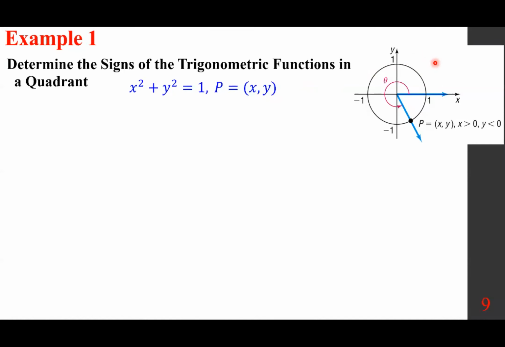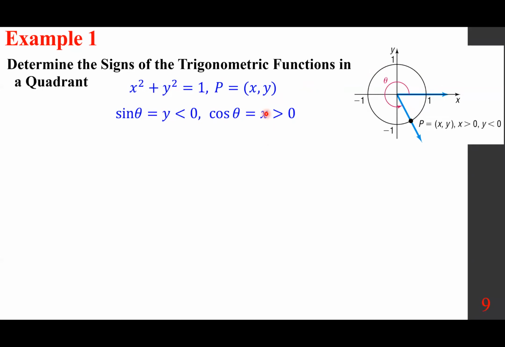And the rest of them, you just follow x and y. So, for example, if we are in a quadrant where sine theta is negative and cosine is positive, we should be able to figure out where we are.